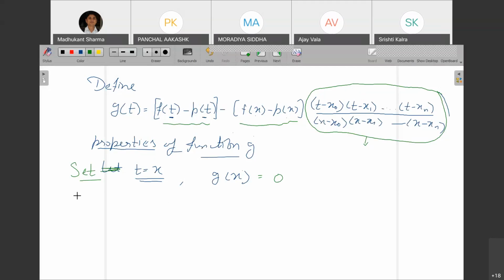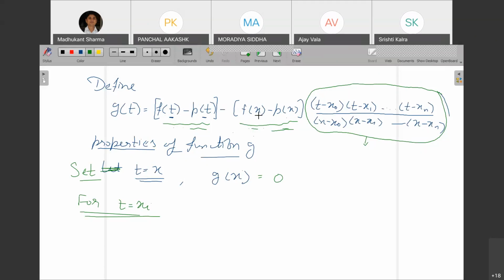Now also for t equals xi. So t equals xi, what will happen? f of xi minus p of xi, this term is also 0. What will be the factor here?